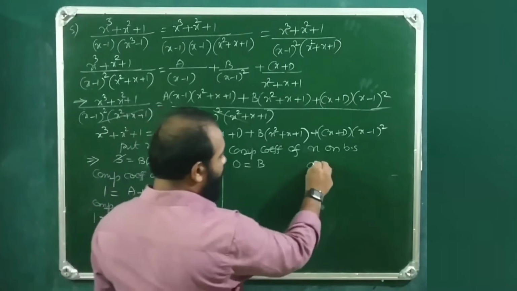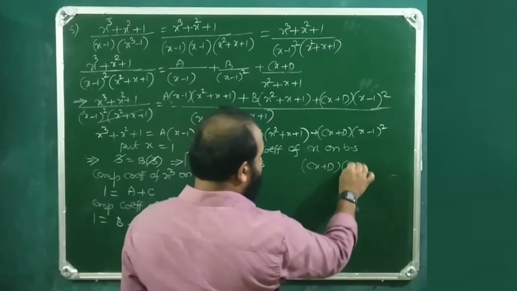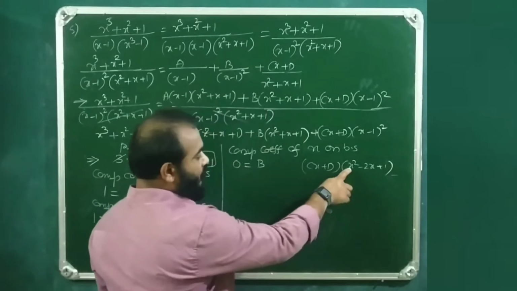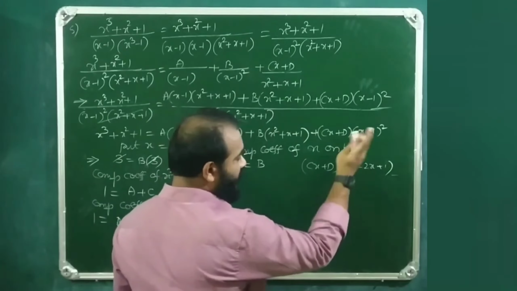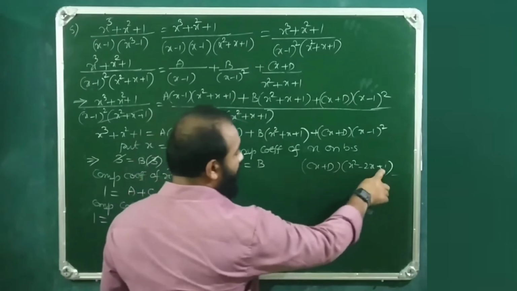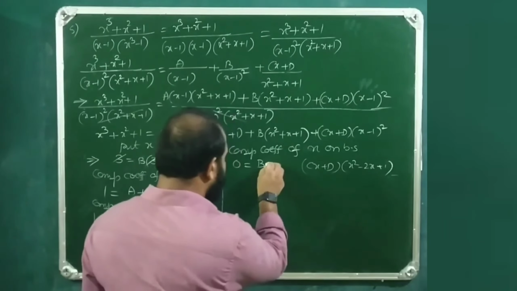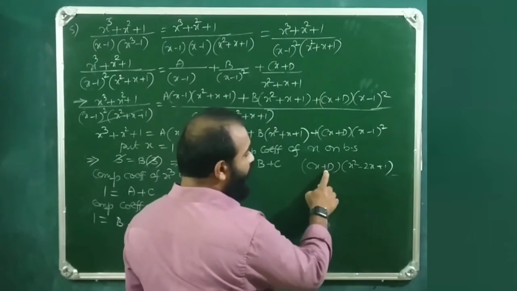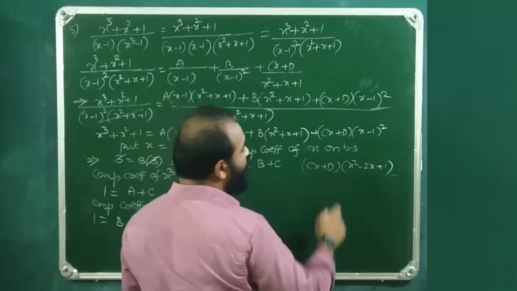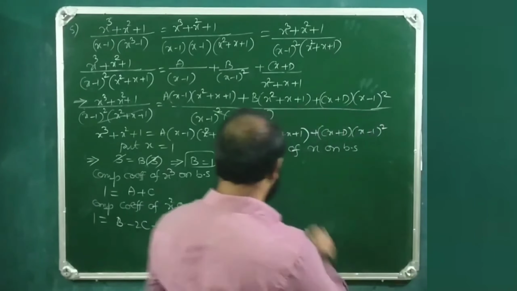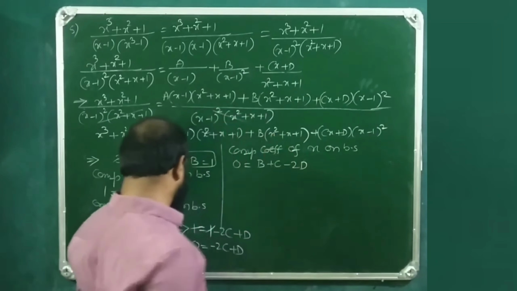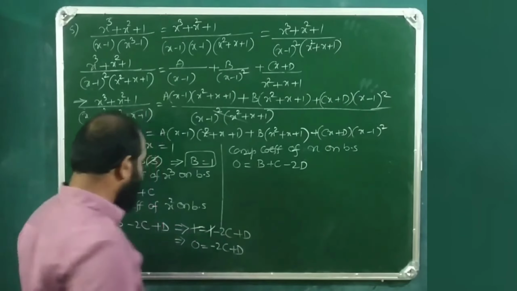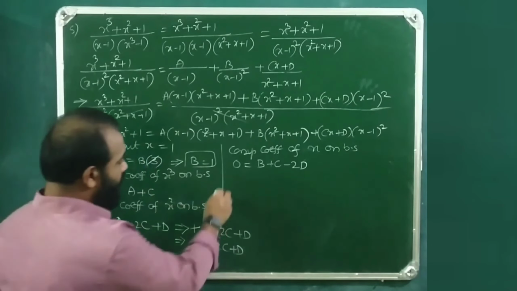Now here (cx + d)(x² − 2x + 1). Cx into x², cx³, cx into −2x, x² coefficient, cx into 1 is cx, x coefficient is c. D into x², dx², d into −2x is −2d. So minus 2d. And again, the value of b equals 1.